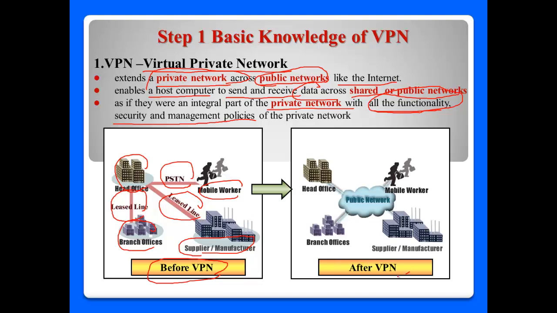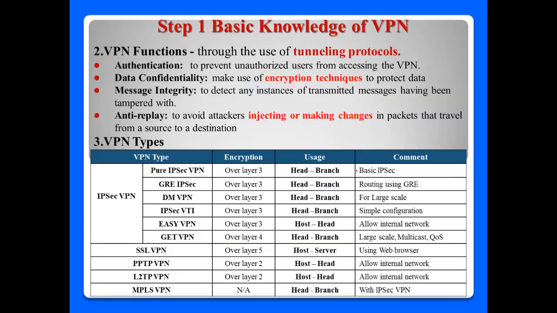But if we use the VPN, we can use a public network like the internet, but the function and features are the same as a private network like a leased line. So between head office and branch office, head office to suppliers or manufacturers, and head office to mobile workers, we can use a private network over a public network like the internet.